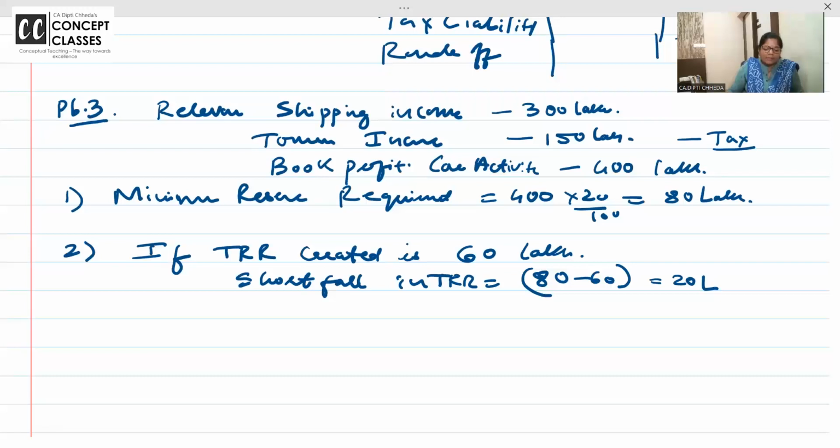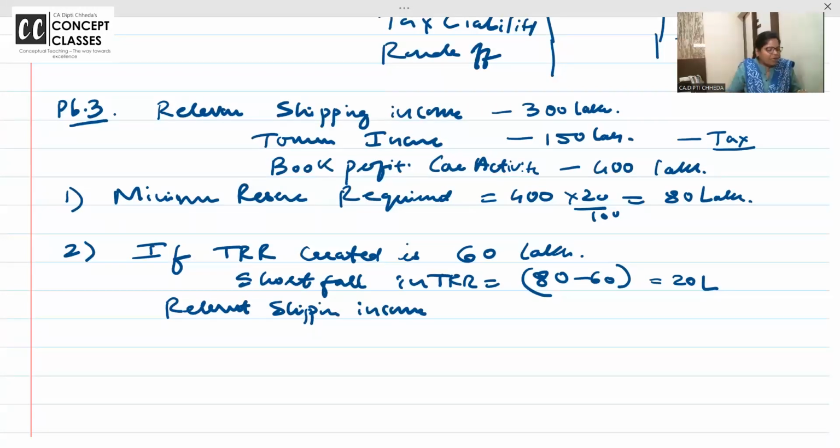So now taxable income under the other provisions you have to calculate. You have the formula. एक बार देखो क्या formula आप apply करो. Relevant shipping income into short reserve divided by minimum reserve required.